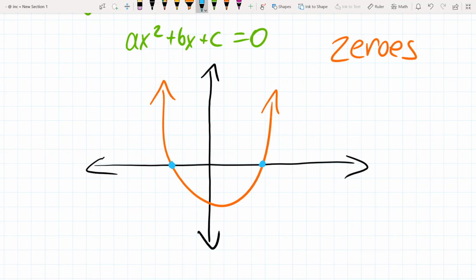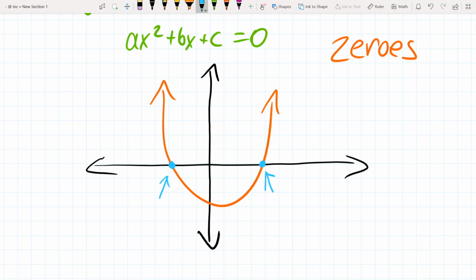These are the two points on the graph where we have an x value that has a y value equal to 0. Since I didn't put any numbers on there, we have no idea what the actual answer is, but this is just an example. So one of your zeros would be the x value of this point, the other zero would be the x value of that point.